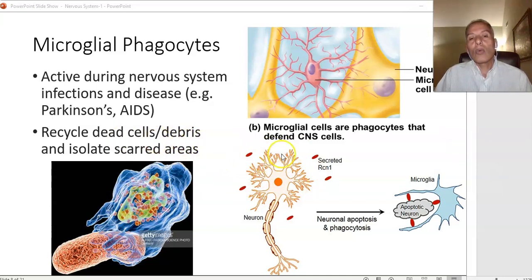And also when there is an accident, trauma, a lot of cells die. They go around and surround the site of the injury and isolate it and close it off to provide as much protection as possible. So that is part of the immune system.